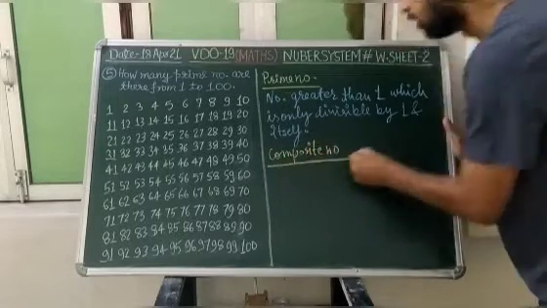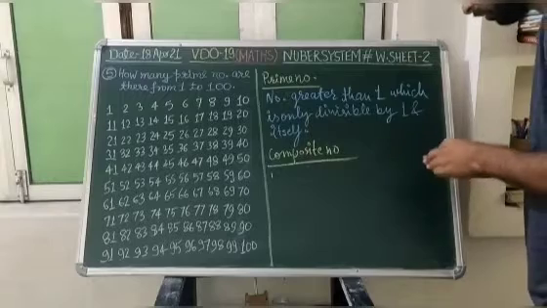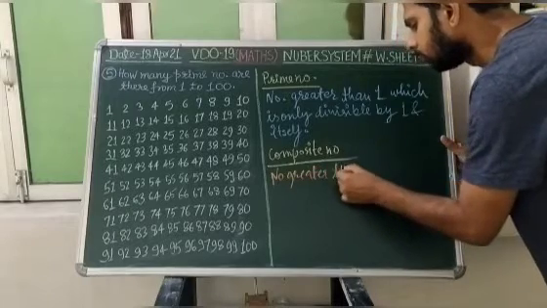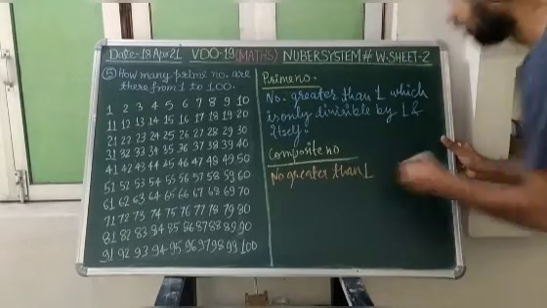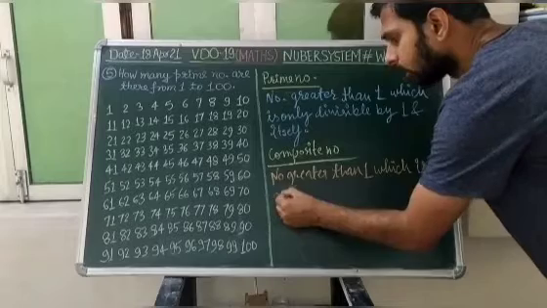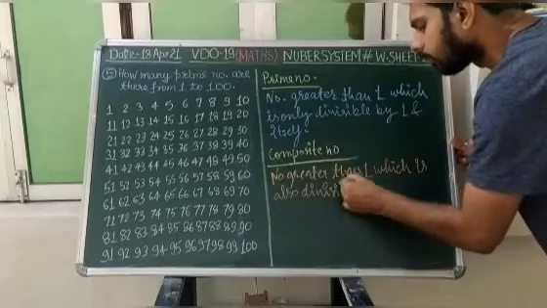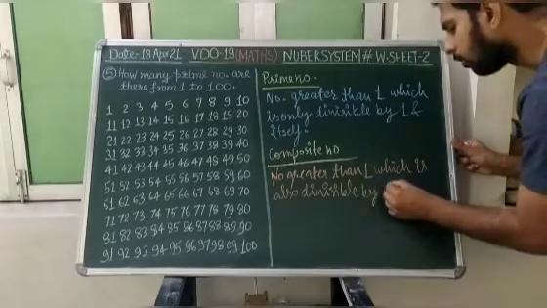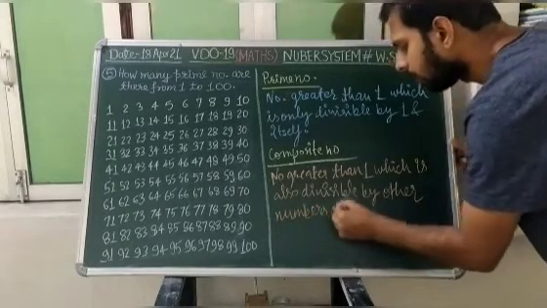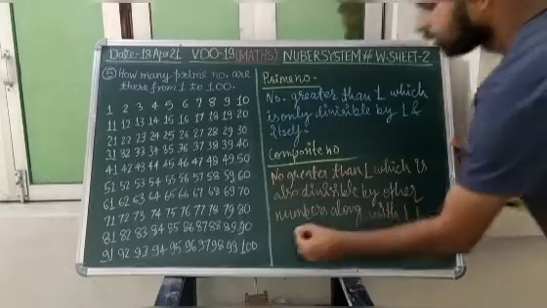A composite number is nothing but a number greater than 1, you will remember that it should be greater than 1, which is also divisible by other numbers along with 1 and itself.